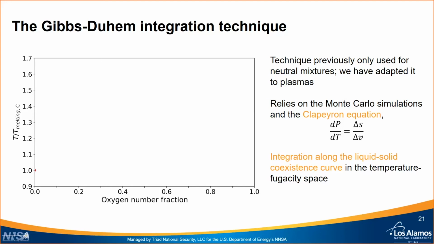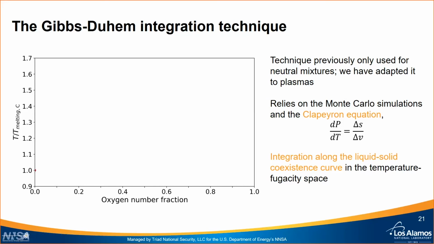But the idea is the same as with the method that has been applied in the past for neutral mixtures. The way it works is that you simply start from a point in the phase diagram for which you already know the melting temperature. An obvious choice here is to simply take the pure carbon plasma, for which we already precisely know the melting temperature.